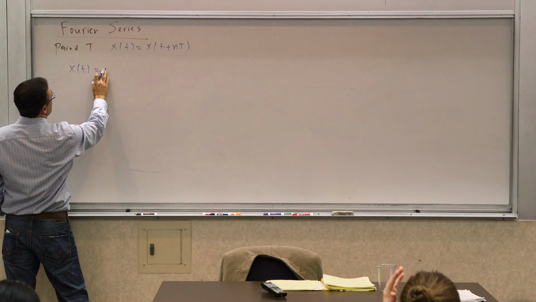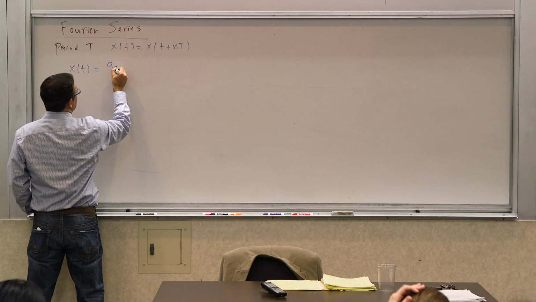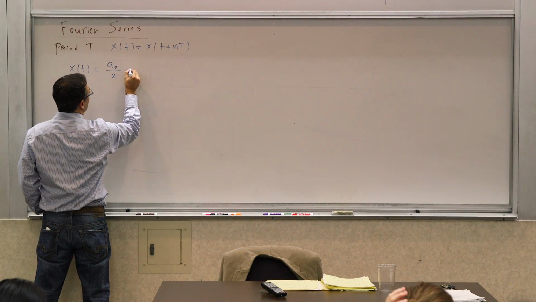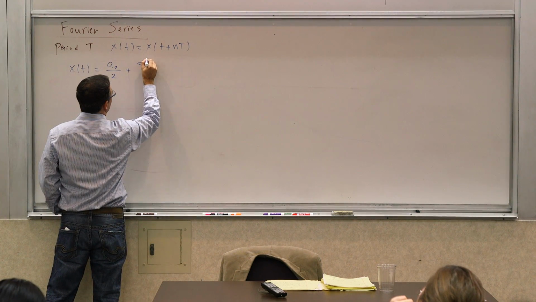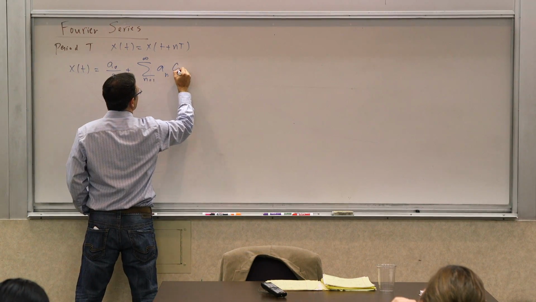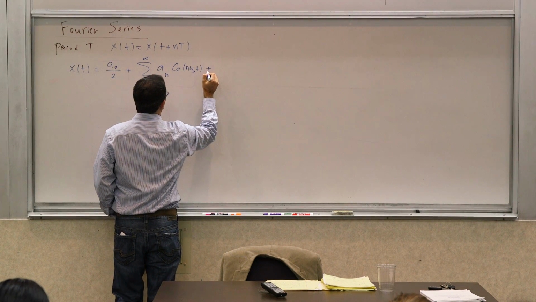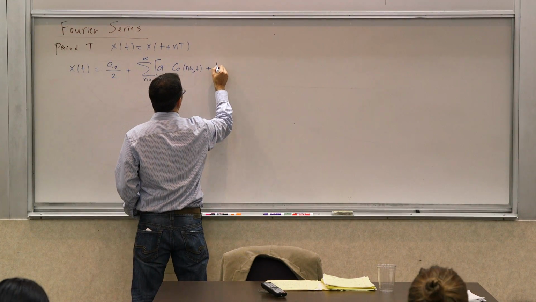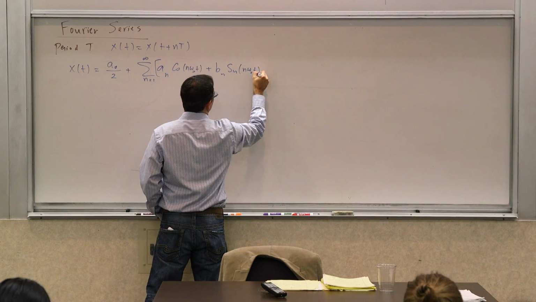And then you can write it as a0 over 2 plus the sum from n equals 1 to infinity of an cosine of n omega naught t plus bn sine of n omega naught t.